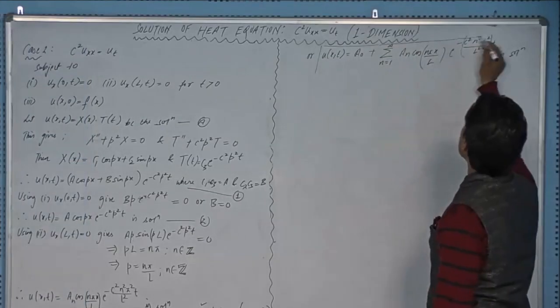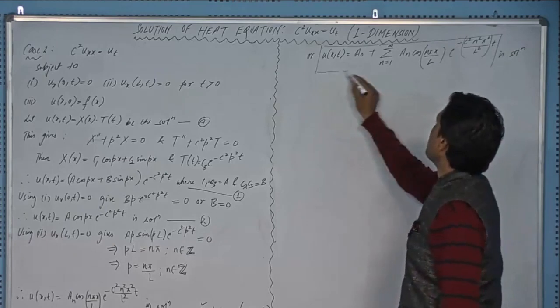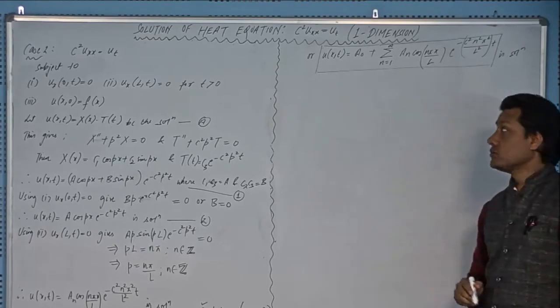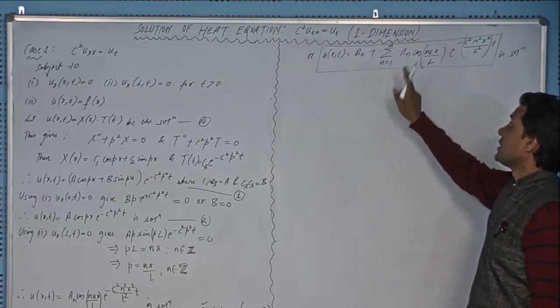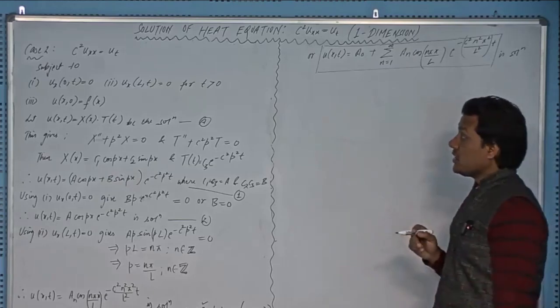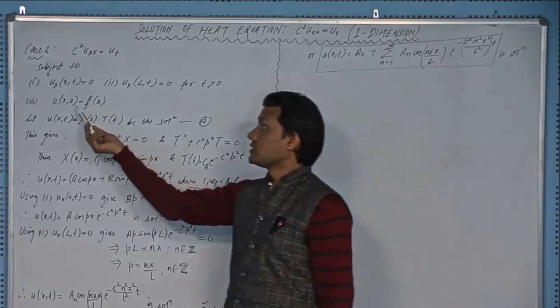I am going to use this solution, right, and you can see that this has a naught and a n, and still one condition is remaining, the third condition.